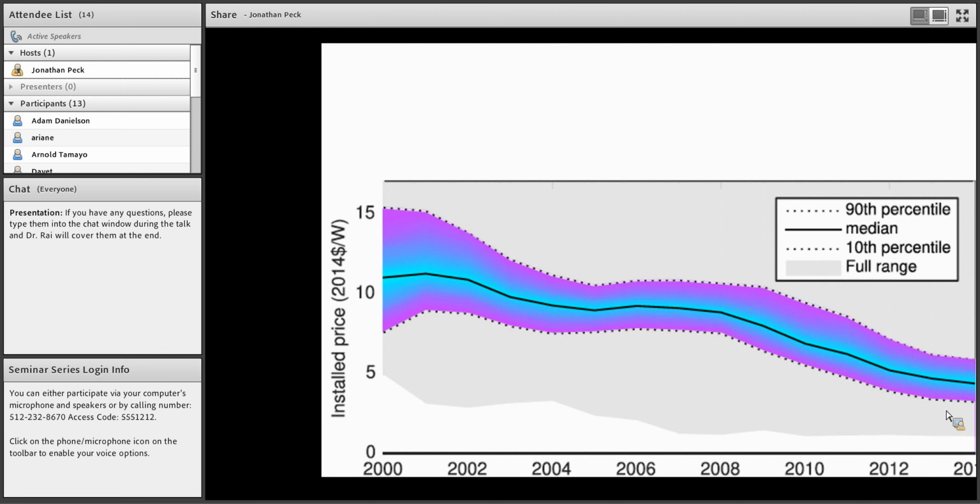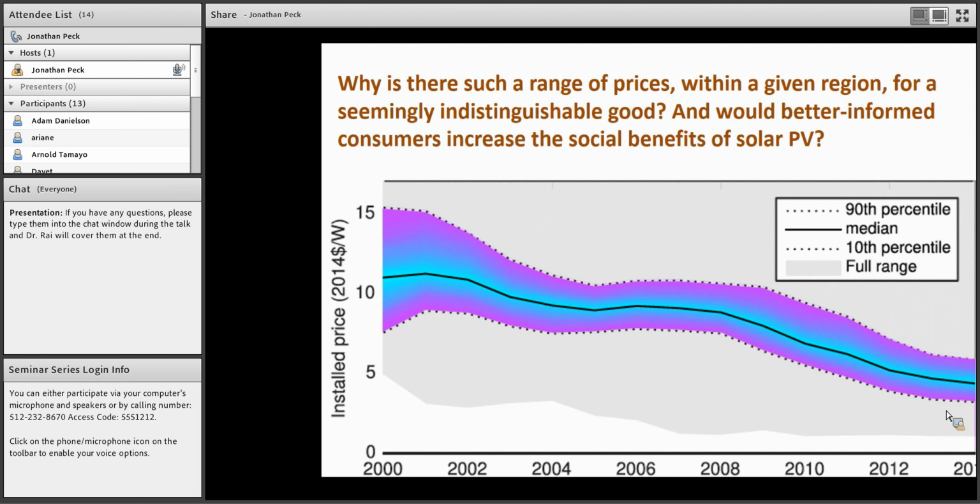But that trend hides two very important facts, one of which I'll highlight on this one, which is that not every system has a low price. There is a lot of variation at any given point in time. So one of the questions that we have tried to study quite a bit is why there is such a range of prices, even within a given geographic region, for a seemingly indistinguishable good, which is an installed solar system.